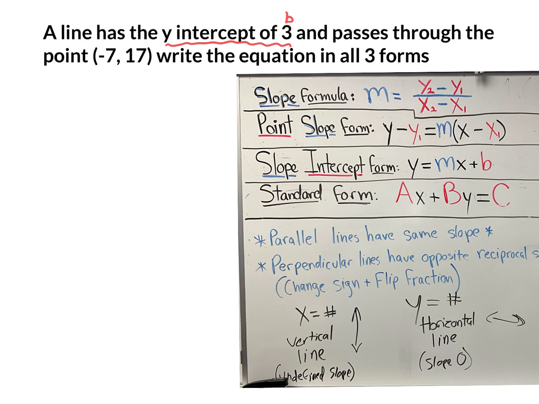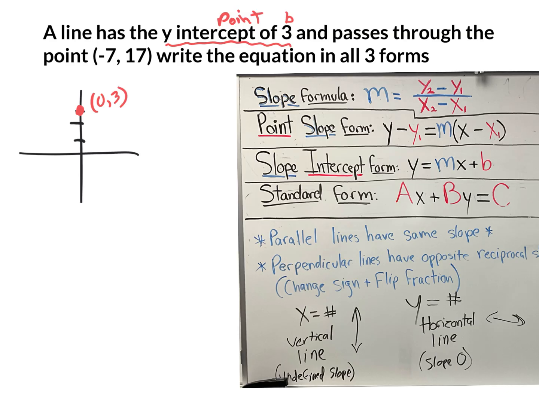But you could also think of it this way. The y-intercept of 3 is technically a location. 1, 2, 3. It's right there. That's where it crosses the y-axis. What is that location? It's 0, 3. So even though that's the b value, even though it's the y-intercept, I'm technically giving you a point.